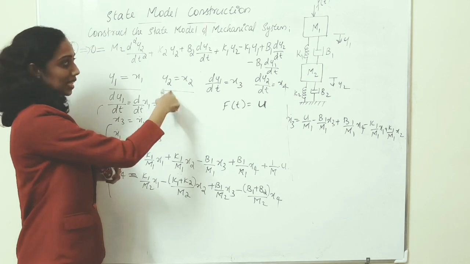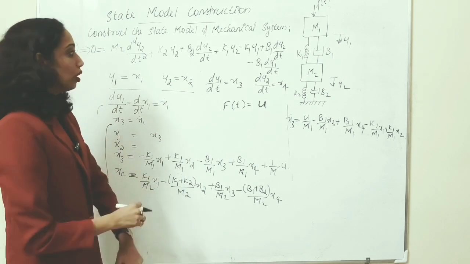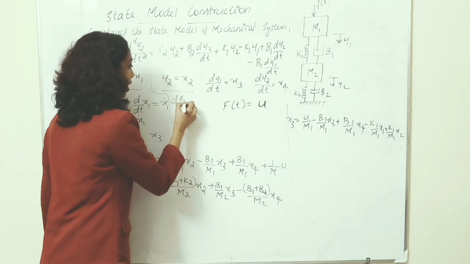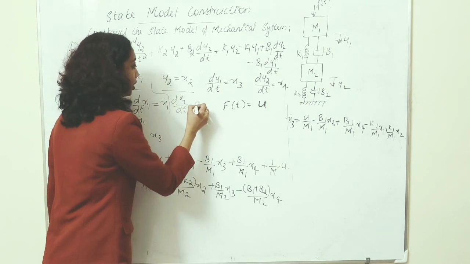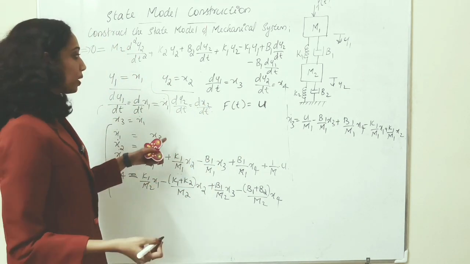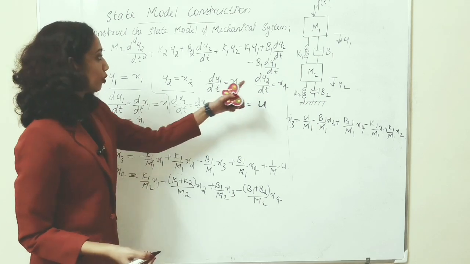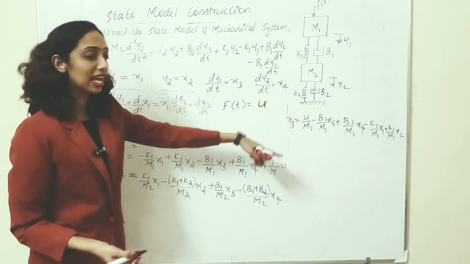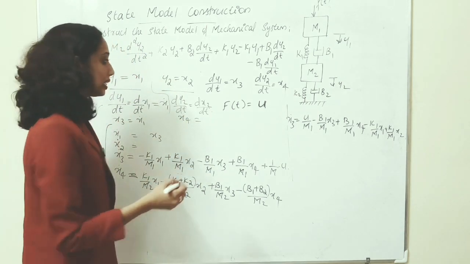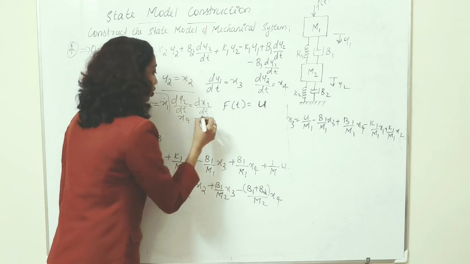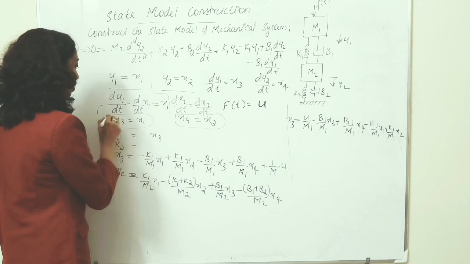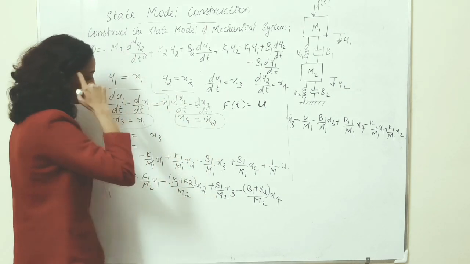For this, we assign y2 is equal to x2. By taking the derivative of y2, we get dy2 by dt is equal to dx2 by dt. What we assigned for dy2 by dt is x4. That is, x4 is equal to dx2 by dt, which we can write as x2 dot. That is, x1 dot is equal to x3 and x2 dot is equal to x4.